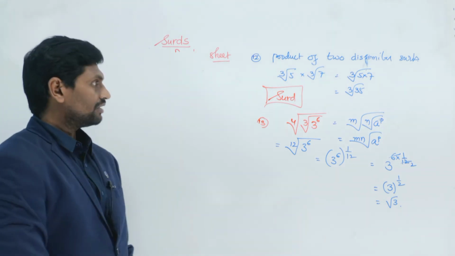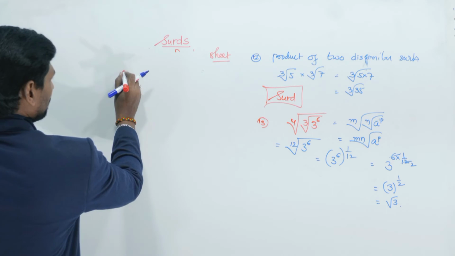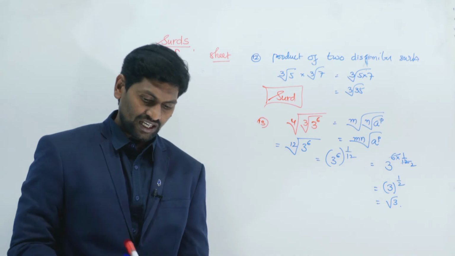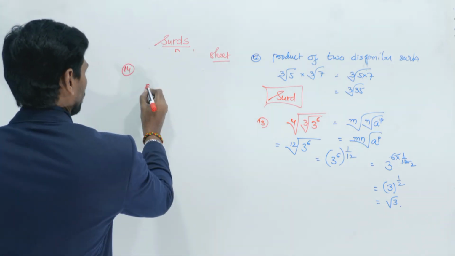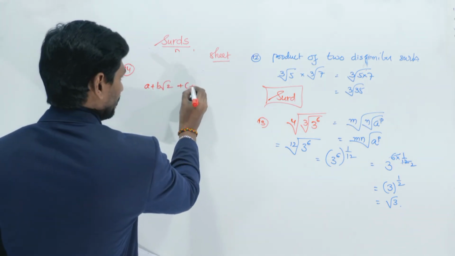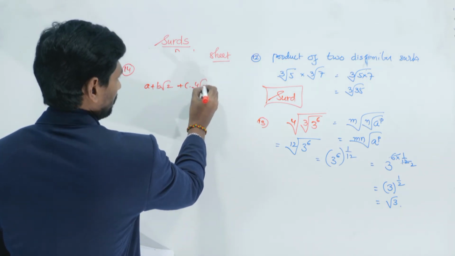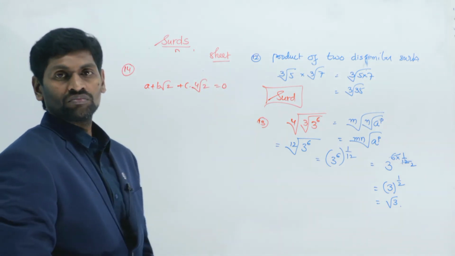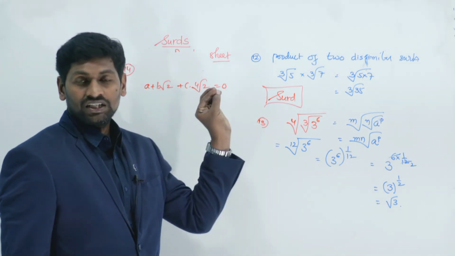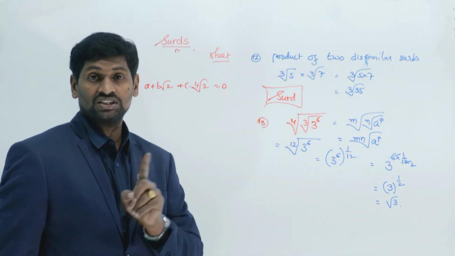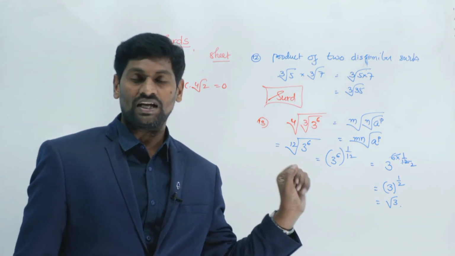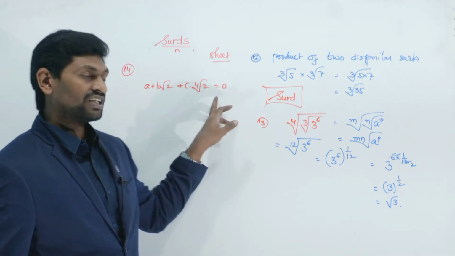Coming to the next question: if a, b, c are rational numbers, then we need to find that a plus b root 2 plus c into fourth root 2 equals 0. From this case you should understand that these are dissimilar surds, unlike surds, because the radicands are the same but the order is different.